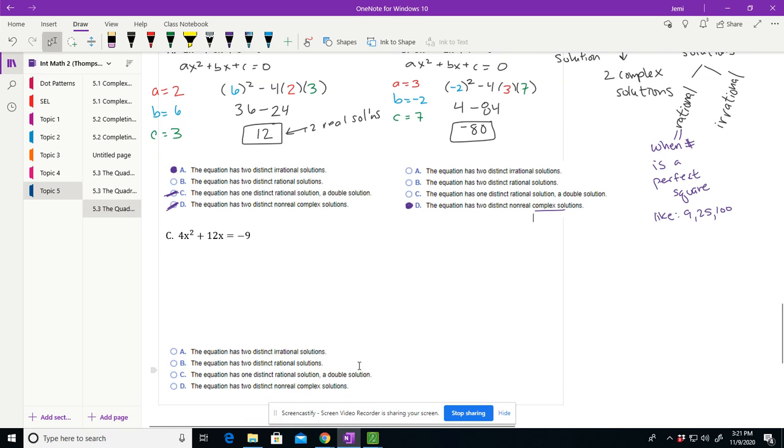Okay. And the last one, C. Again, I suggest you pause this and give it a try before you just look at my answer. Before I even start this one, I do have to move the 9 over.